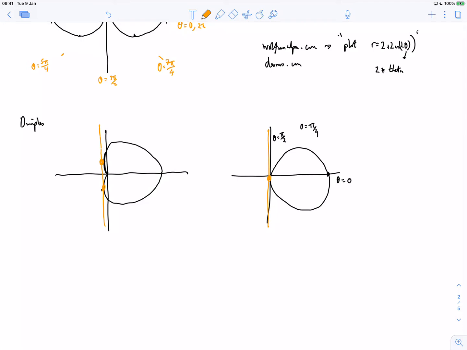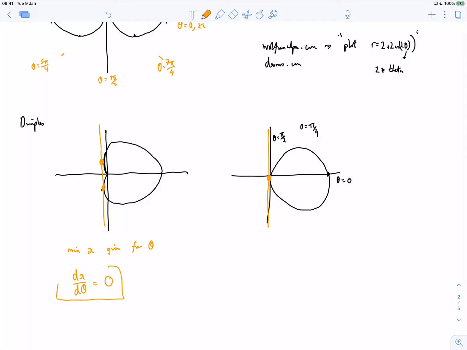Now, what is the equation of that vertical line? Well, think about what we're doing. We're minimizing, if you think about it, the x-coordinate given for a theta value. So we're setting dx by d theta and setting it equal to 0.